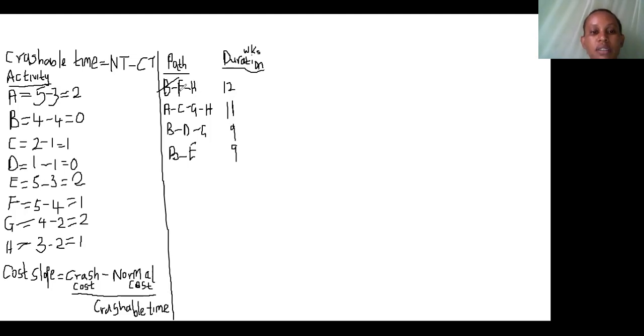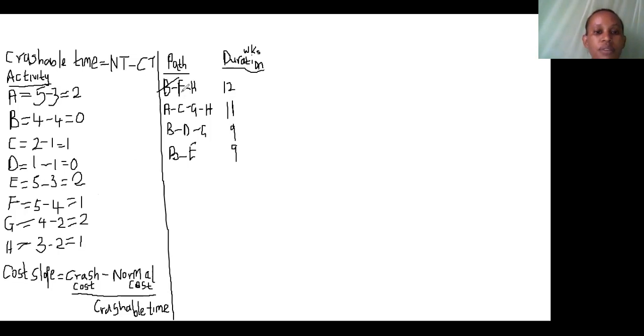And we see activity F having a smaller amount, which is 7,000 compared with 1,000. So we go back to the crushable time and we ask ourselves, how long can we consider to crush activity F? The maximum amount, which is our crushable time, is only 1 week.